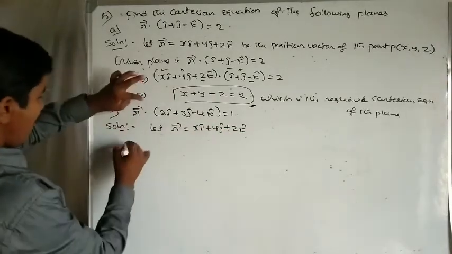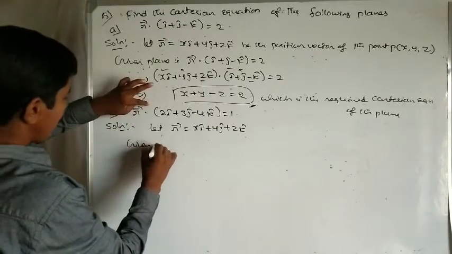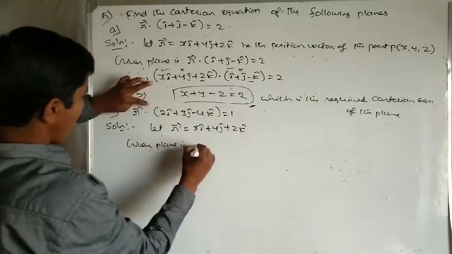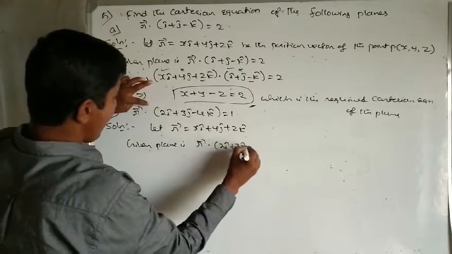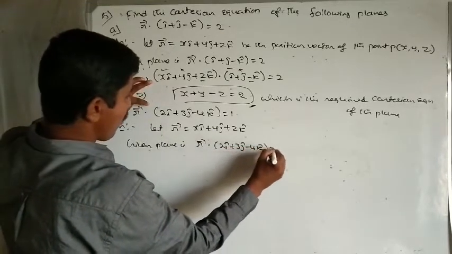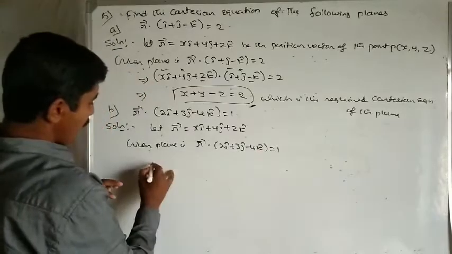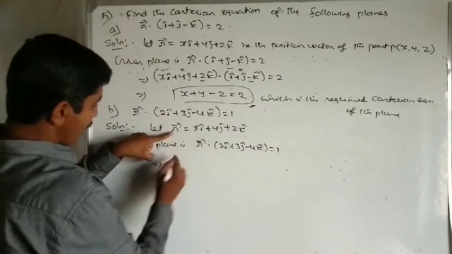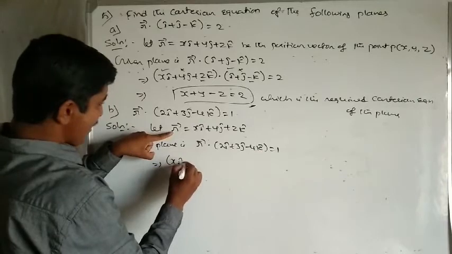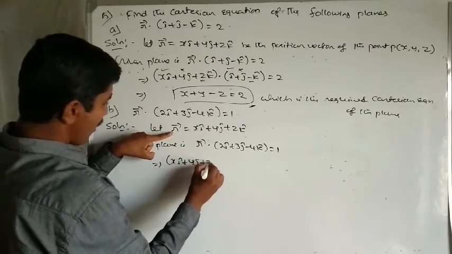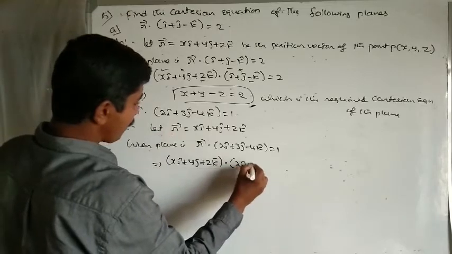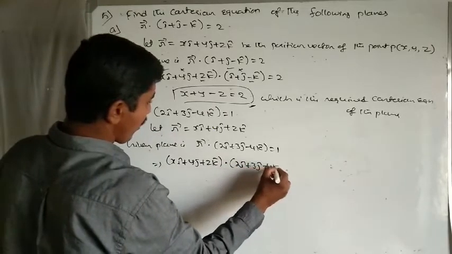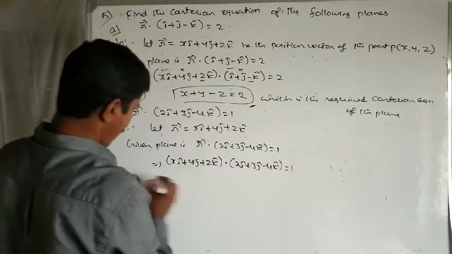Directly, the given plane is vector r dot (2i plus 3j minus 4k) is equal to 1. Substitute vector r: (xi plus yj plus zk) dot (2i plus 3j minus 4k) is equal to 1.